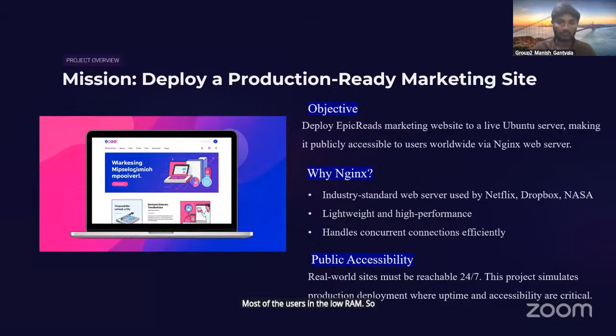So this is the main advantage of using Nginx. Using Nginx, we can deploy our application and make it publicly accessible. For live sites it must be reachable 24/7. This project simulates a production deployment where uptime and scalability are critical. So we can go to the next step.